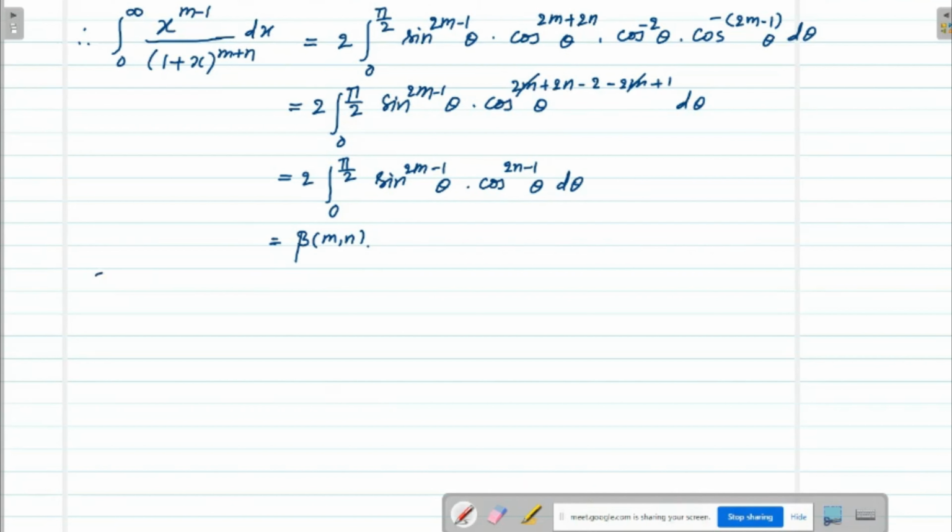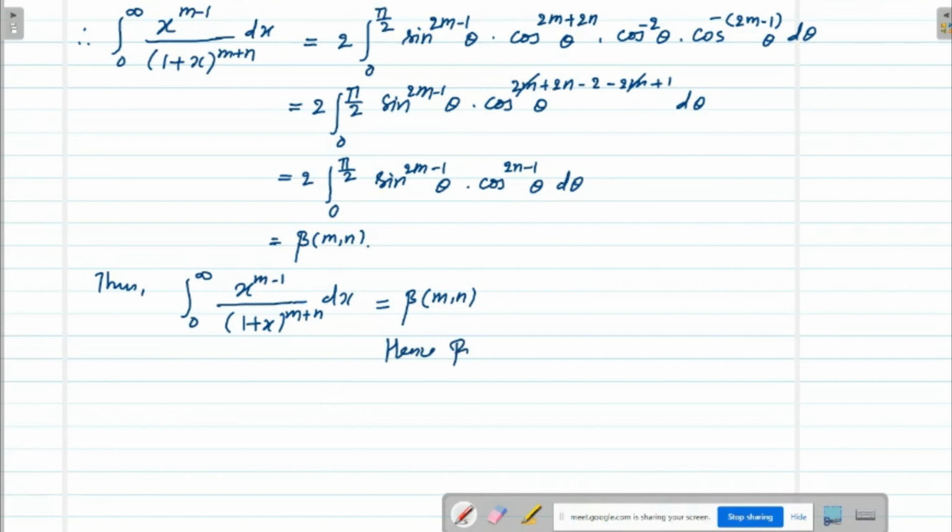Thus the integration of limit 0 to infinity x raised to m minus 1 by 1 plus x raised to m plus n and dx is equal to beta of m n. Hence proved. I hope you understood this problem. Yes or no?